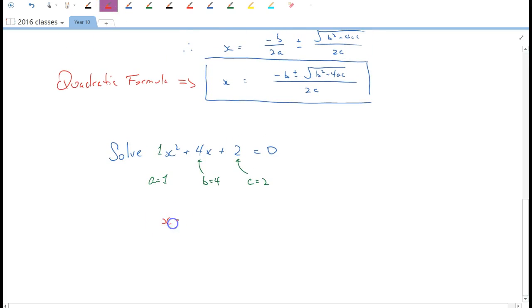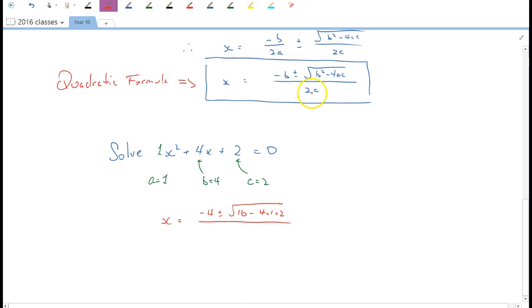So, solving the equation, x equals minus b, that's minus 4. I'm going to put 4 in for b, plus or minus the square root of b squared, b is 4, so b squared is 16, minus 4 times a, which is 1, times c, which is 2.